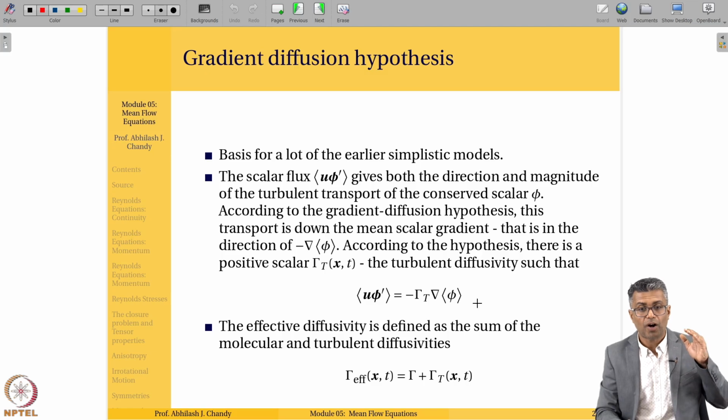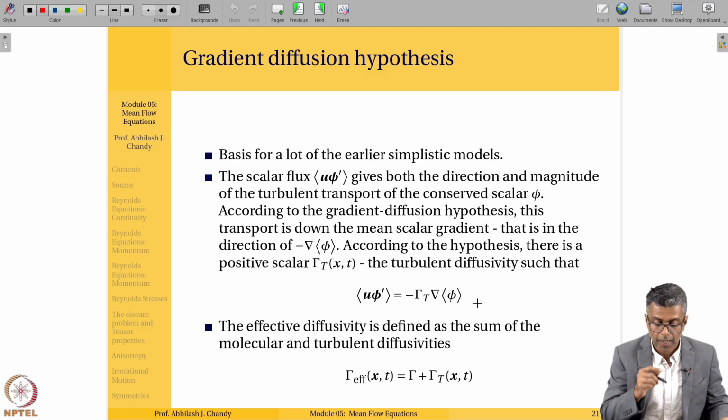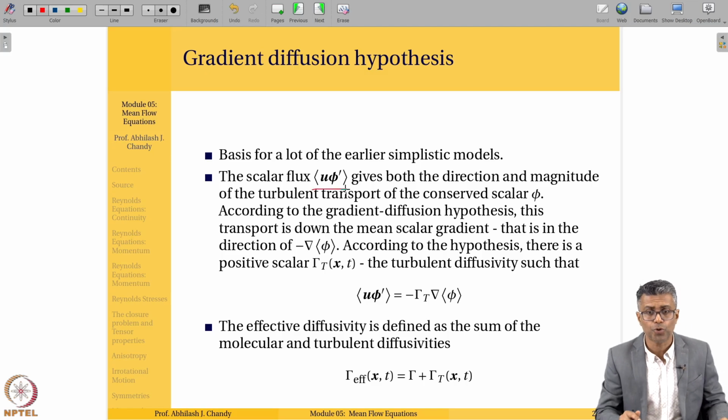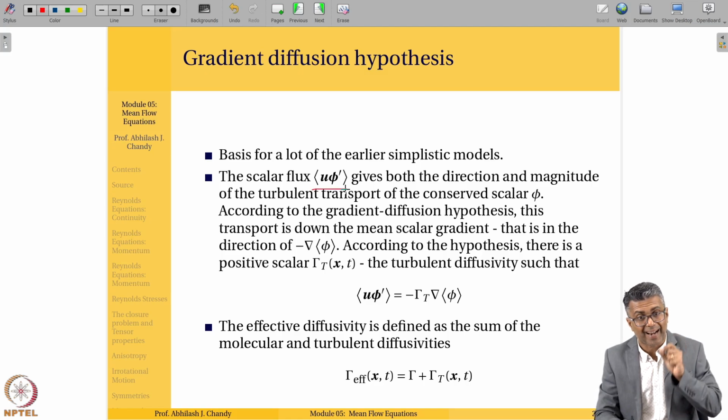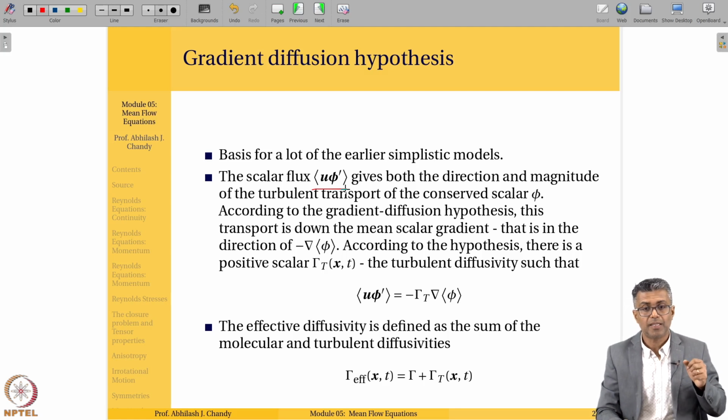It started as a basis for a lot of simplified models, but now it is used for a lot of turbulence models as well. The scalar flux u prime phi prime gives both the direction and magnitude of the turbulent transport of the conserved scalar. According to this hypothesis, this transport is the negative of the gradient of the mean of the scalar.